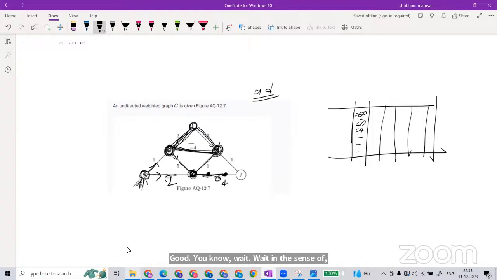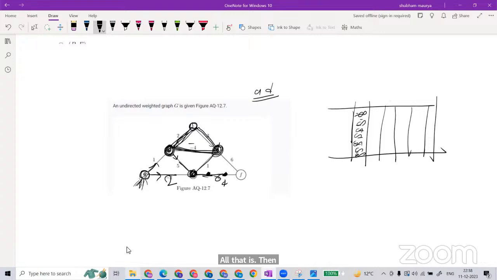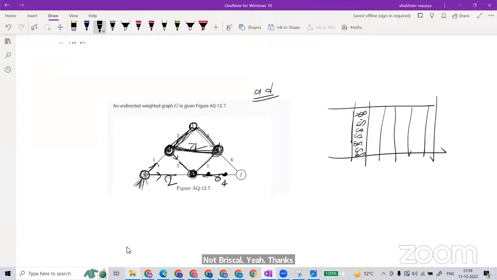In the starting, it is going to be infinite in all cells. Then you have to update each time. So here we are not doing the Kruskal algorithm. Sorry, yes, not Kruskal. Yeah, Dijkstra algorithm. So Dijkstra does not allow any negative weight edge. That's why I'm explaining with an example of fire.